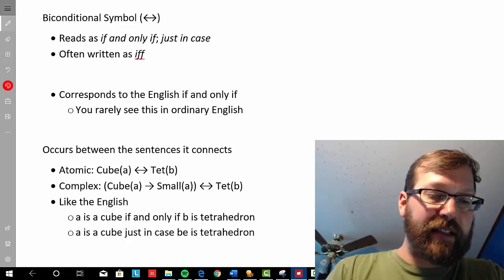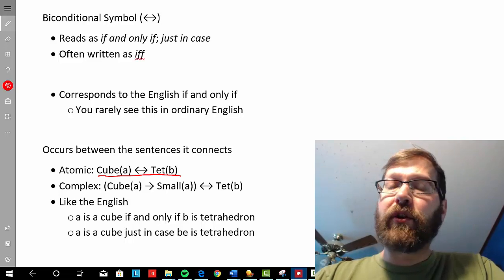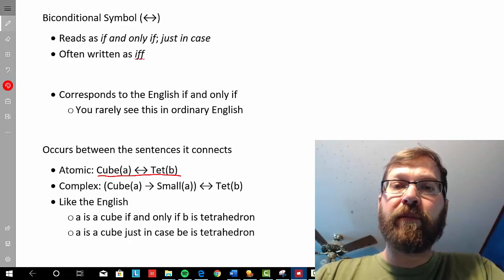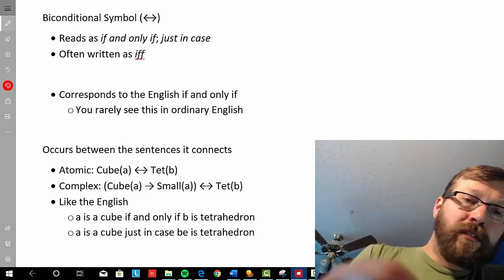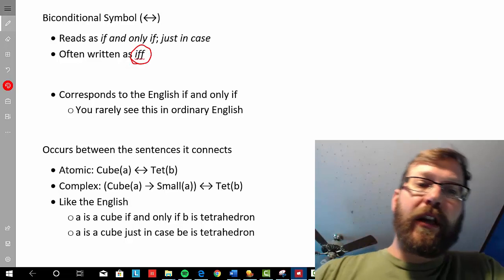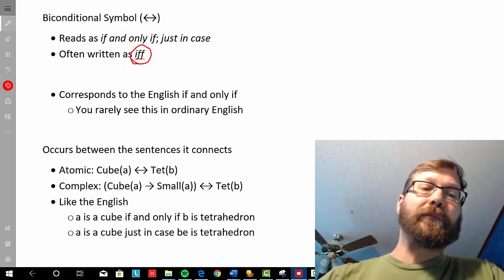So if we look down at this sentence, the way you would read that is A is a cube if and only if B is a tetrahedron, or A is a cube just in case B is a tetrahedron. If and only if is oftentimes written in shorthand by writing IFF.